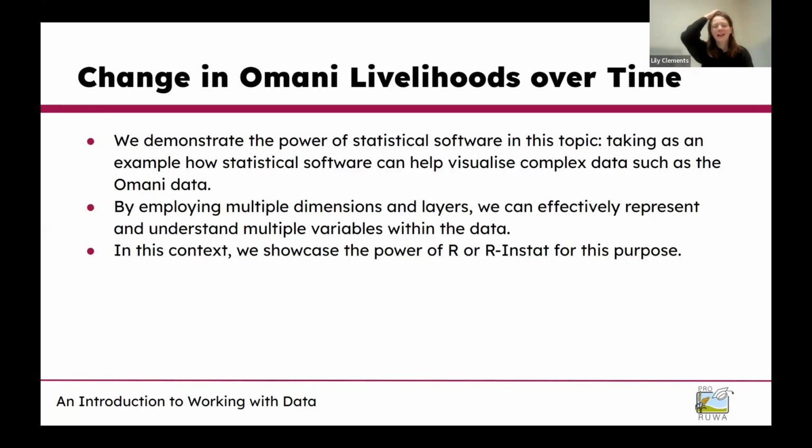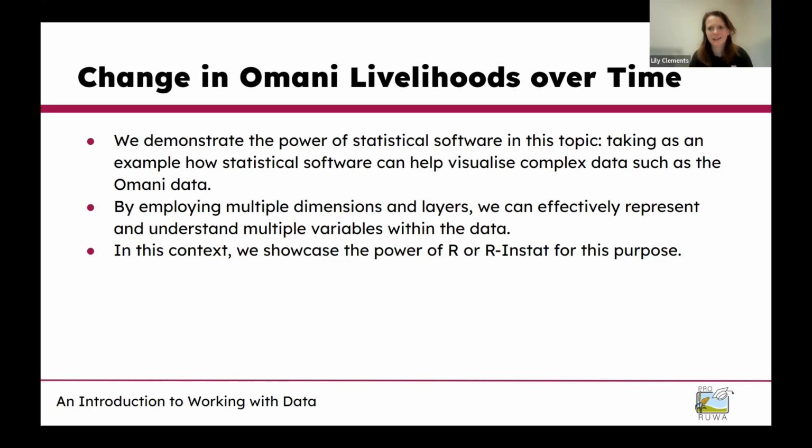So, change in Omani livelihoods over time. We demonstrate the power of statistical software in this topic, taking as an example how statistical software can help visualize complex data, such as the Omani data. By employing multiple dimensions and layers, we can effectively represent and understand multiple variables within the data. In this context, we showcase the power of R or RInStat for this purpose.